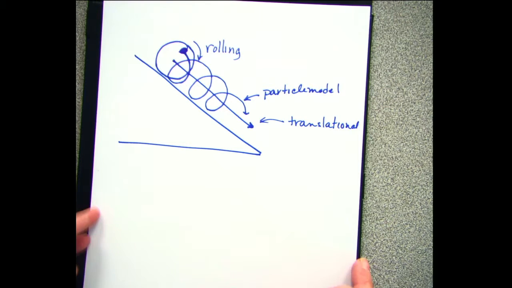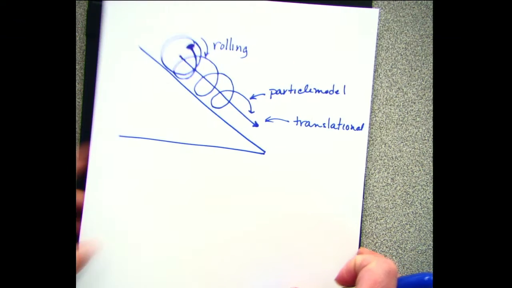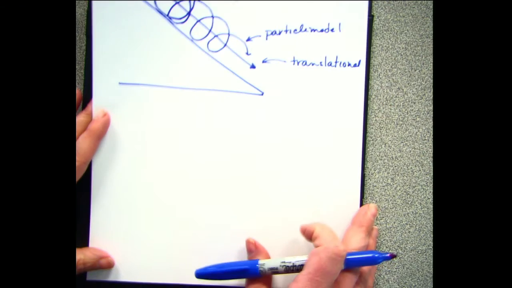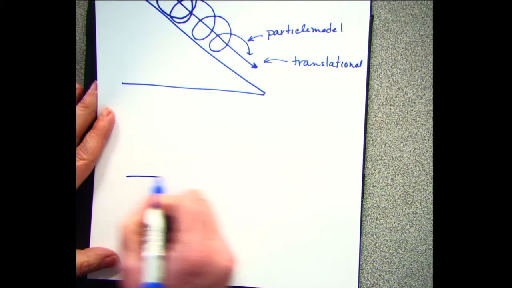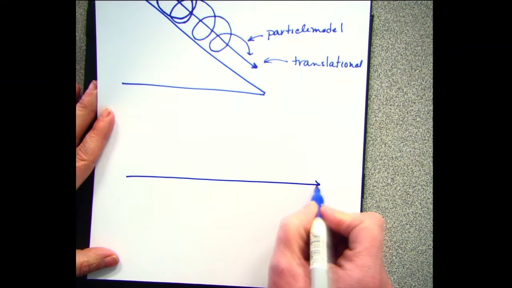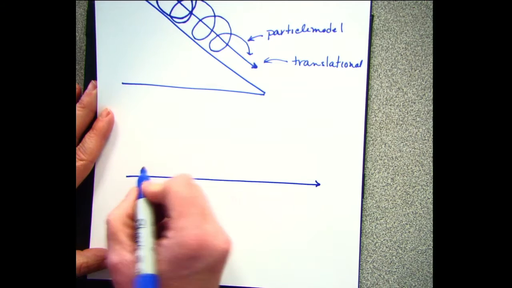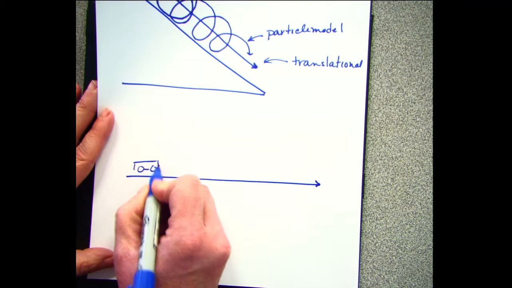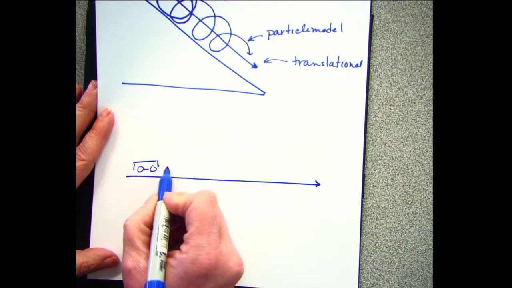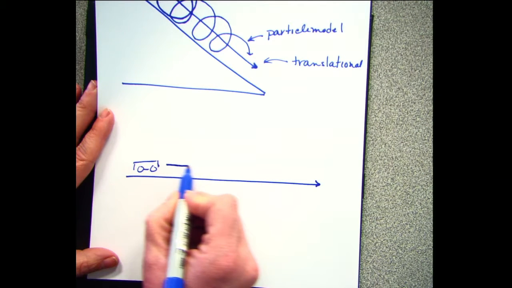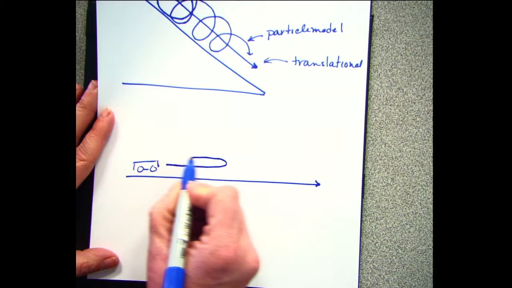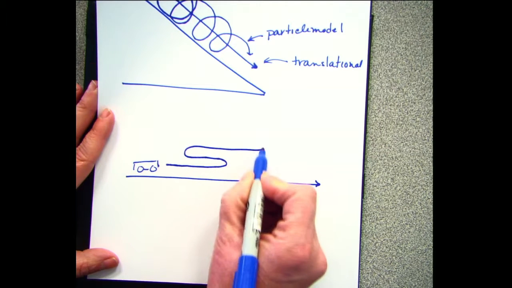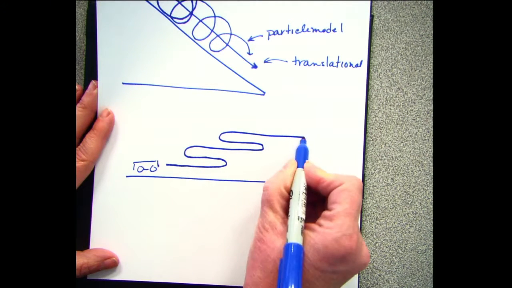So we can look at it. Now, if I'm thinking one dimension, and I'm looking at a number line, so to speak, and we have our cart here and we start plotting its motion, it could go there, and it could come back, and it could go up, and it could go back, and it could go up.